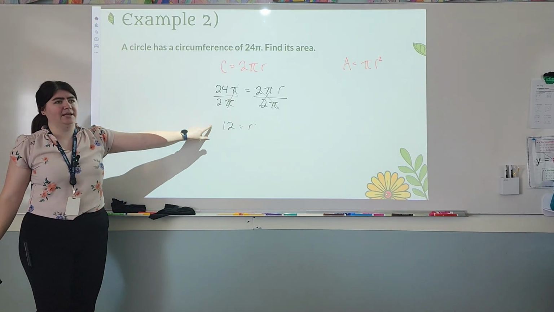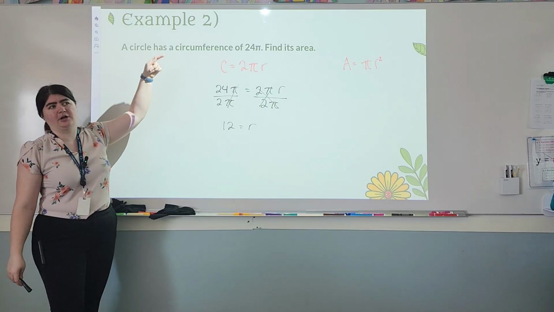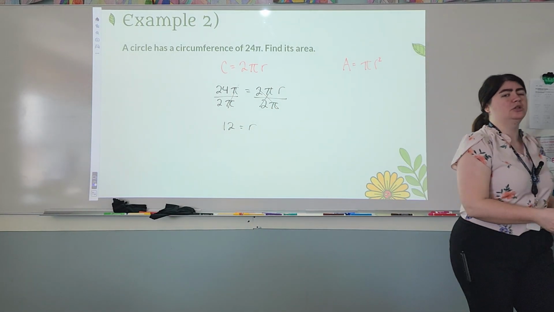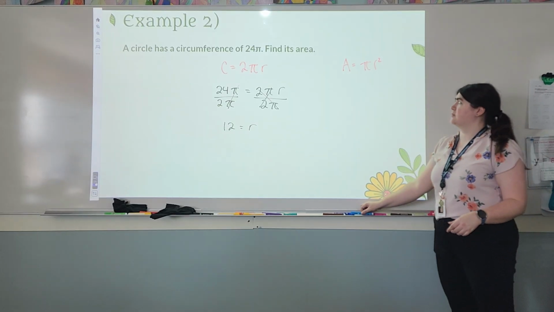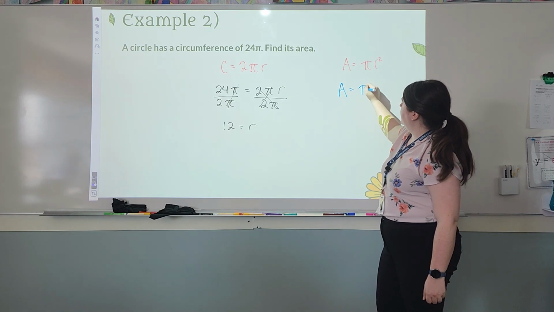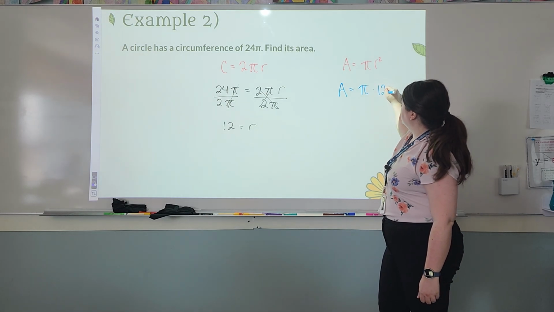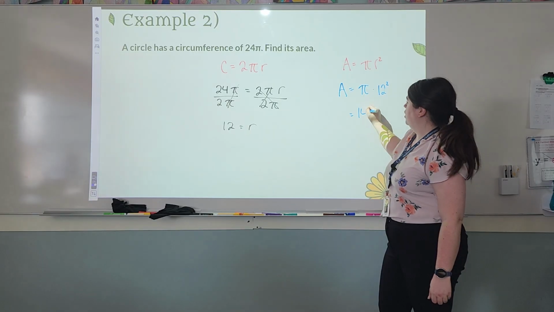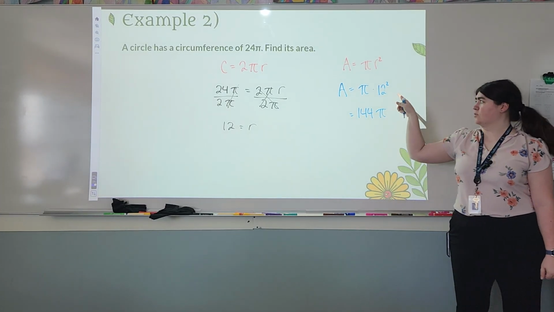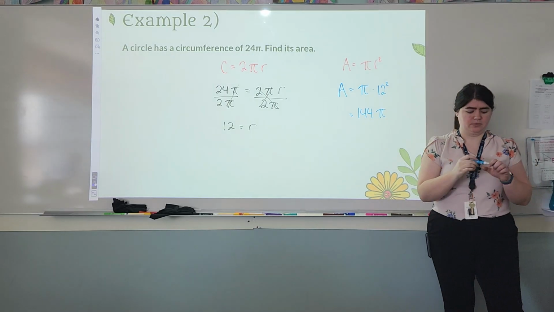Now that we know our radius, we can find our area. So I'm going to take that value of the radius and plug it into my equation in place of r. So area is equal to pi times the radius squared. So I have 144 times pi, because 12 squared is 144.